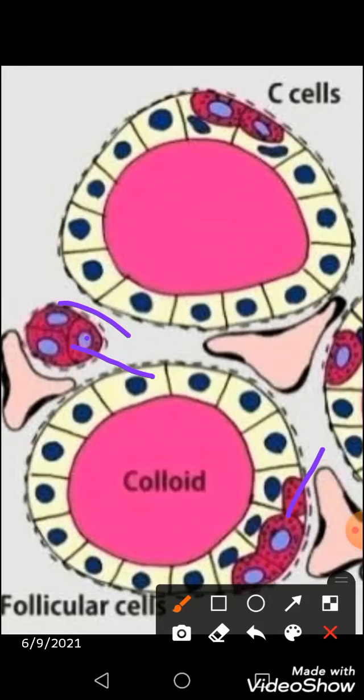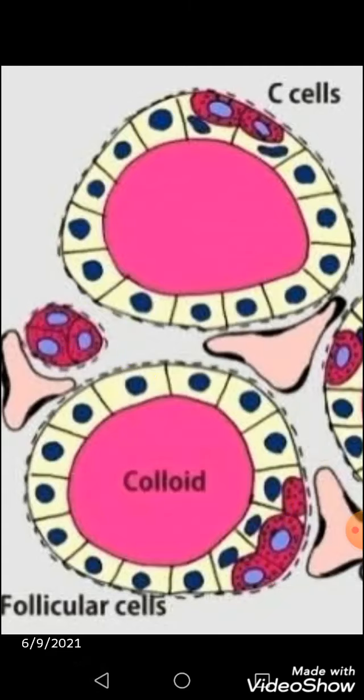And what type of secretion do they produce? They produce calcitonin in response to high calcium level in the blood, and then they inhibit bone resorption and try to lower the plasma calcium level, right?